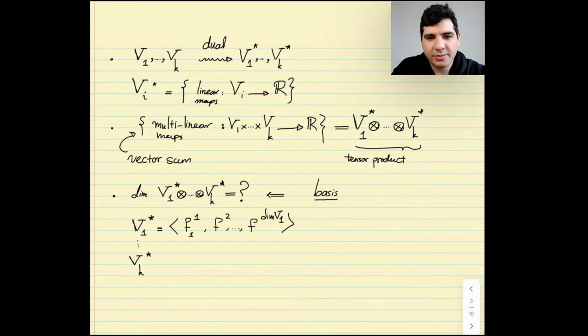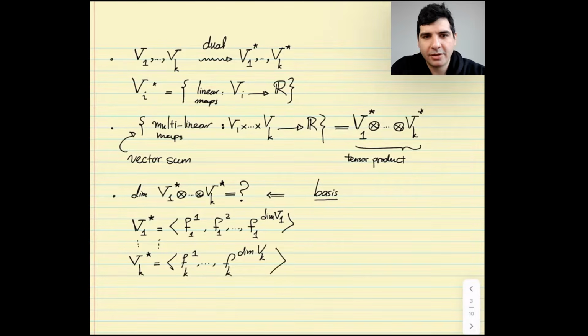Let's add a subscript 1 just to say these are the basis of V1 star. Let's do the same for all of these vector spaces. So Vk star is generated by F1k, F2k, up to F with superscript the dimension of Vk. So these are vectors in Vk star generating this space.